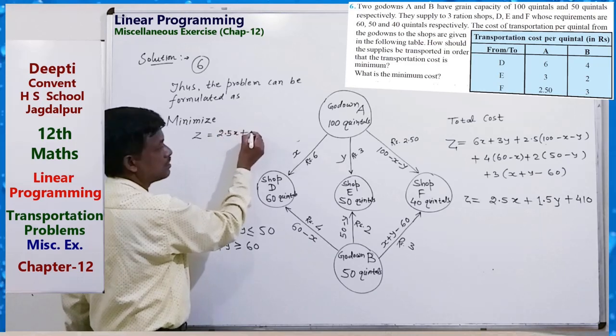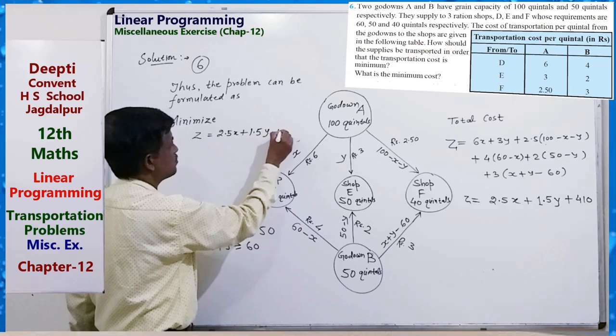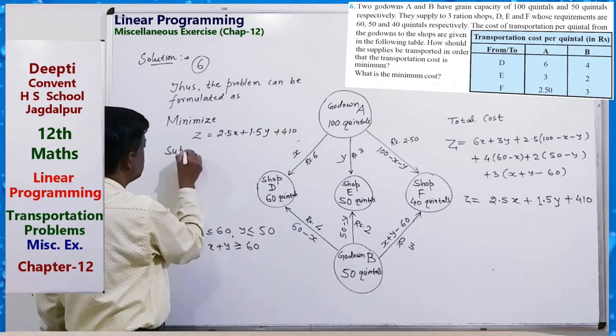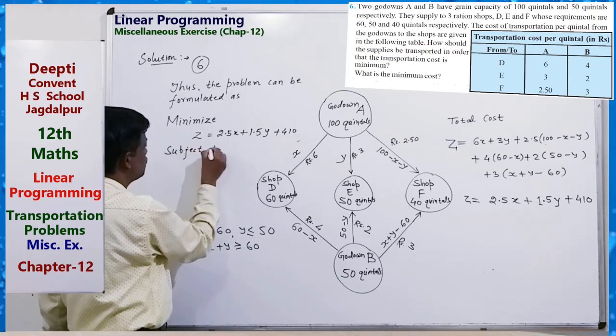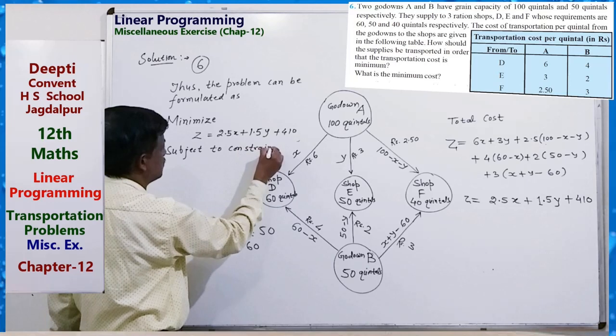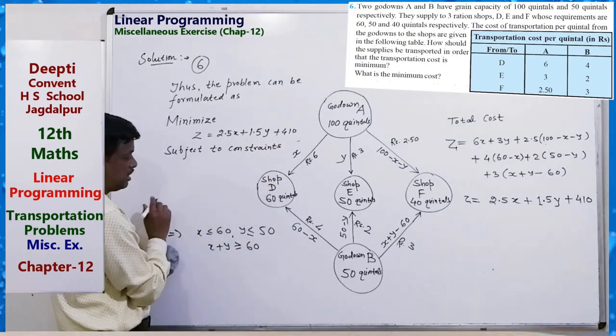x plus 1.5 y plus 410, subject to constraints. The constraints are both combined.